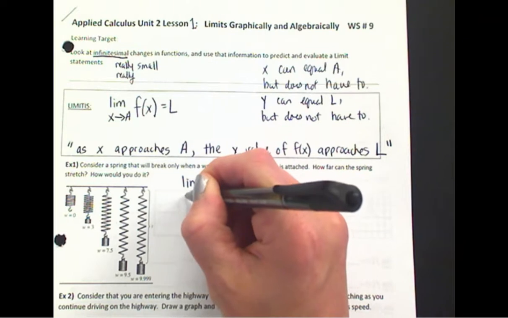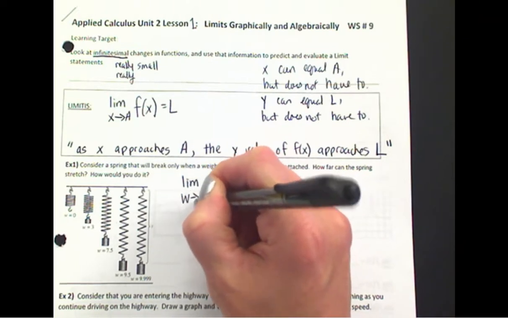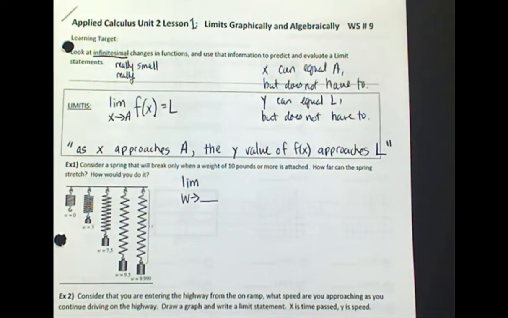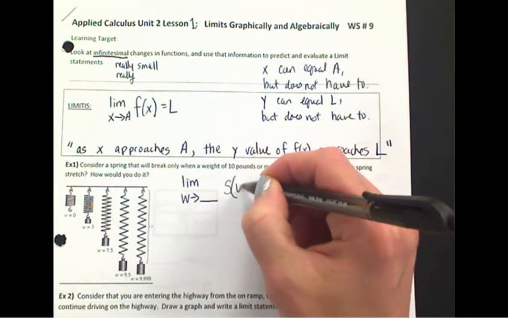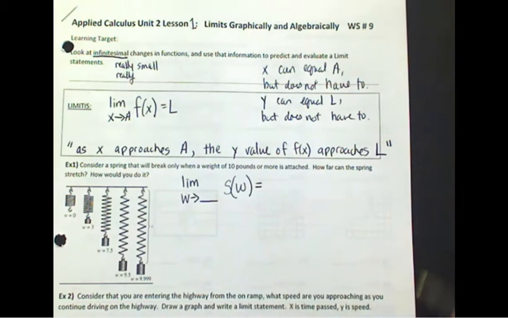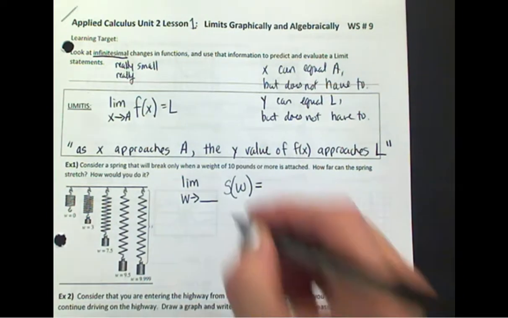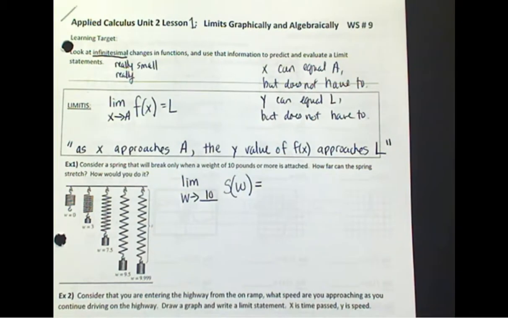The limit as the weight approaches what? Okay, what's the weight approaching? 10 pounds, right? Maximum of 10 pounds.